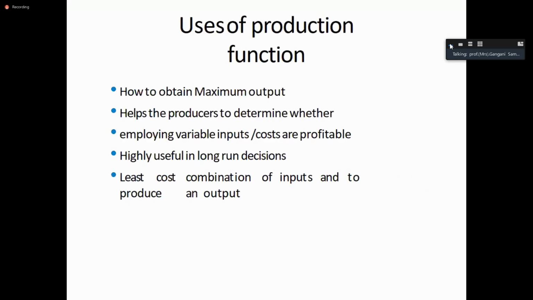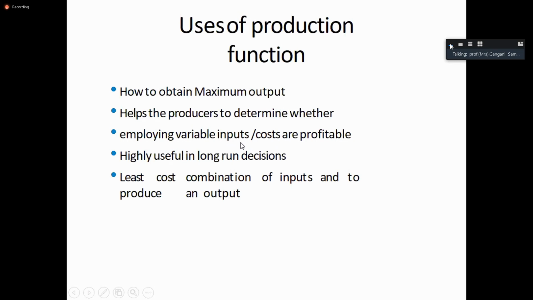Okay. So these are the uses of production function. So how to obtain the maximum output, and for producers to determine whether employing variable input costs are profitable. Because every time we need to discuss whether using these inputs is profitable. If not, we have to change the inputs, especially the quantity as well as the quality of inputs.